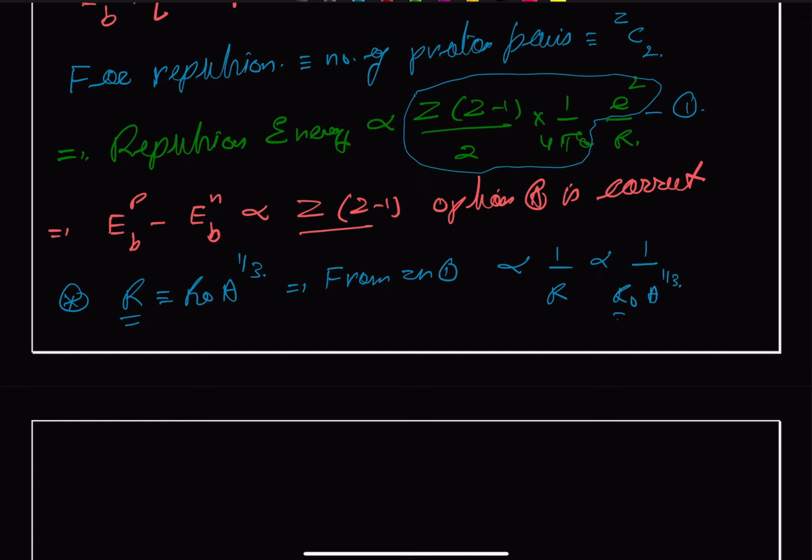This R naught is constant for all the atoms, so therefore it is proportional to A raised to power minus 1 by 3.